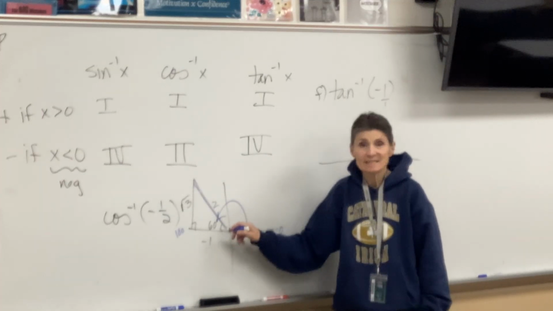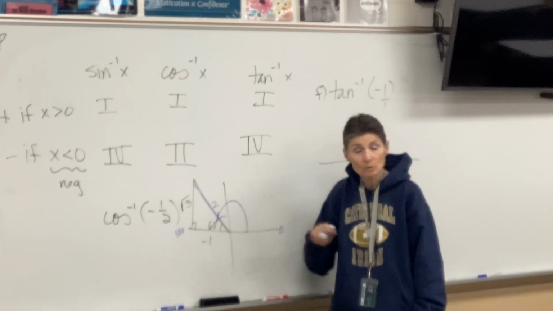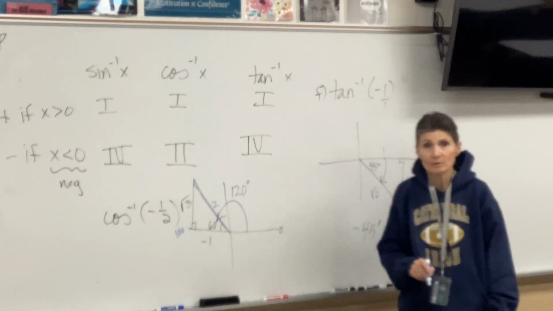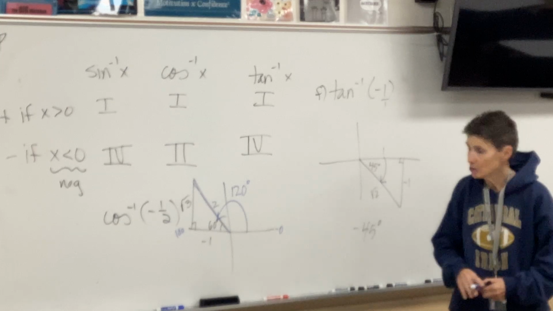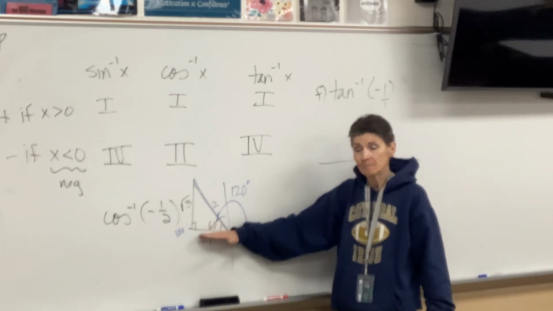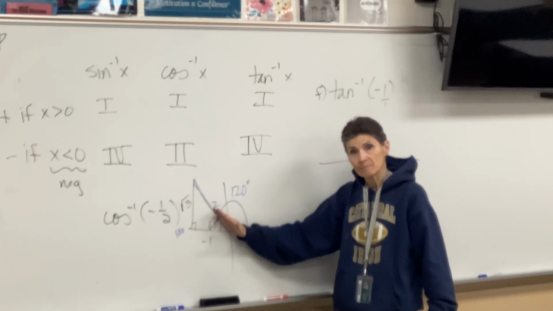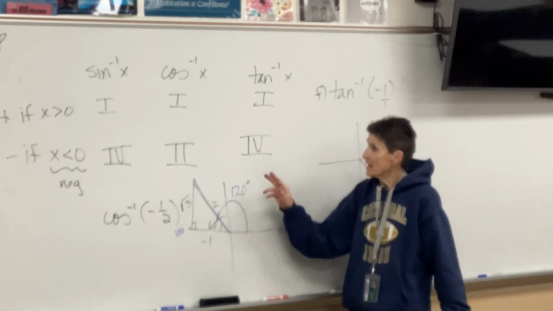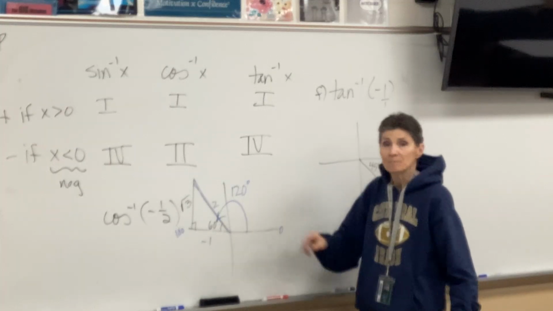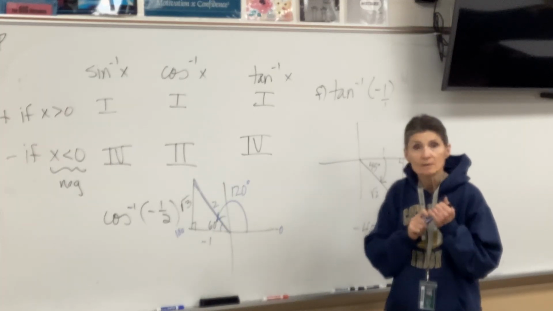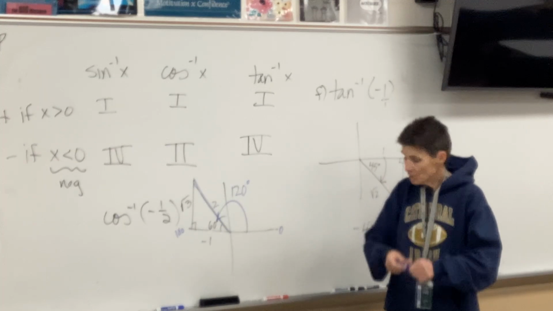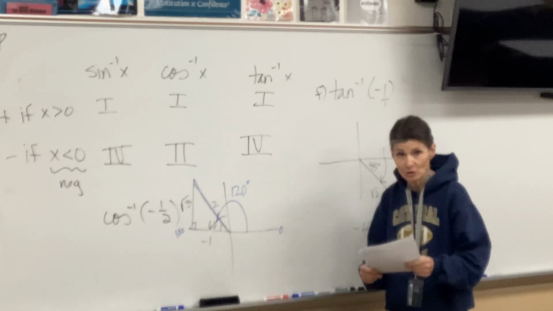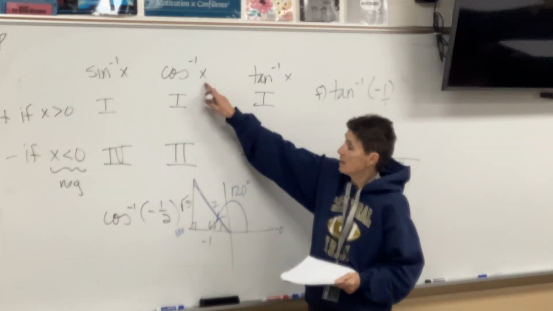So we had 60 to go before we got to 180. So this angle has to be 120 degrees. How did I get 120? 180 minus 60. So the answer to problem E is 120 degrees. You have to be in quadrant 2 when you answer the question because it's a cosine negative.